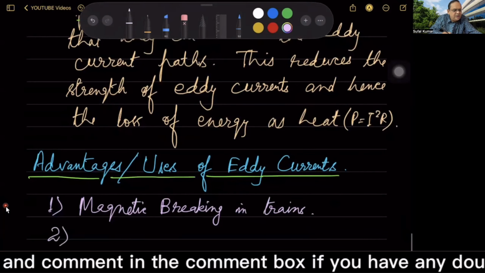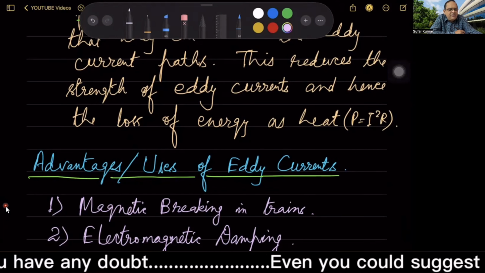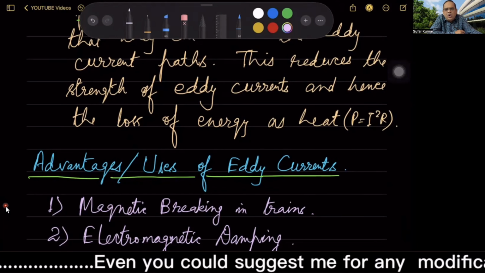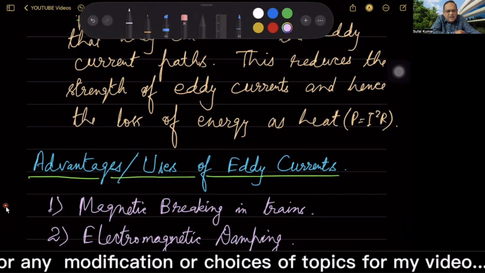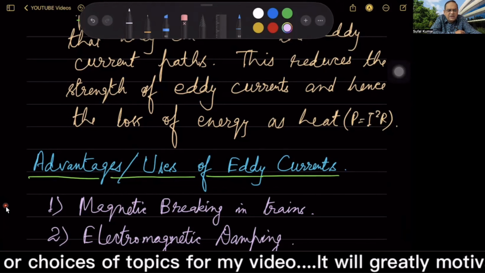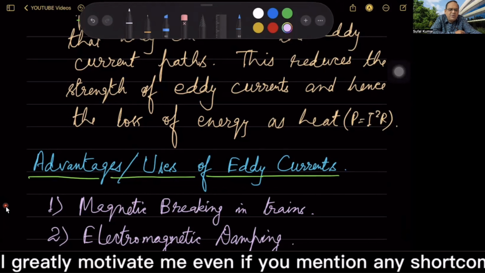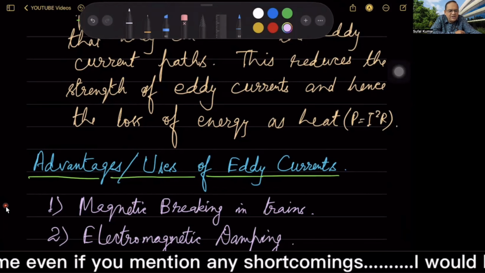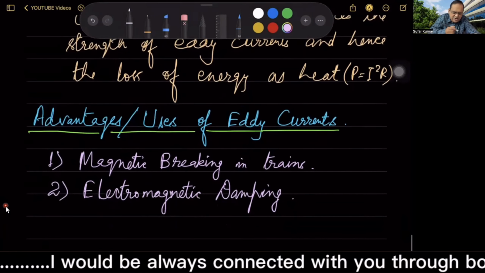Number two, electromagnetic damping. Certain galvanometers have a fixed core made of non-magnetic metallic material. When the coil oscillates, the eddy currents generated in the coil oppose its motion and quickly bring the coil to rest. So these are the advantages. Number three, induction furnace.